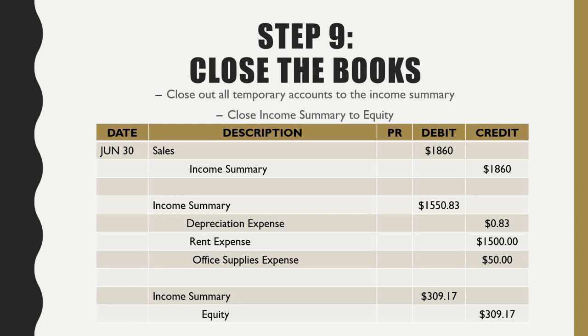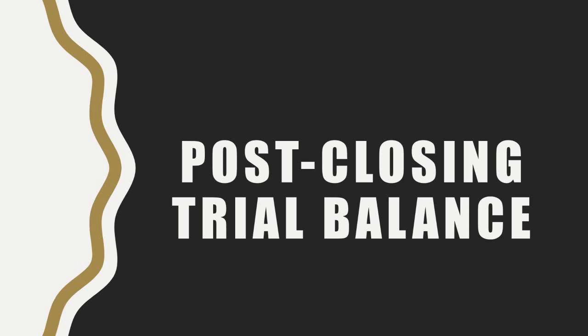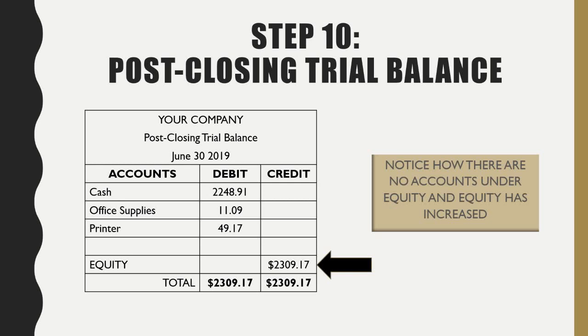Once you've done that, your last step is, once again, to do your post-closing trial balance, to make sure that you properly zeroed out all of your income and all of your expenses to your income summary, which you zero out to your equity.